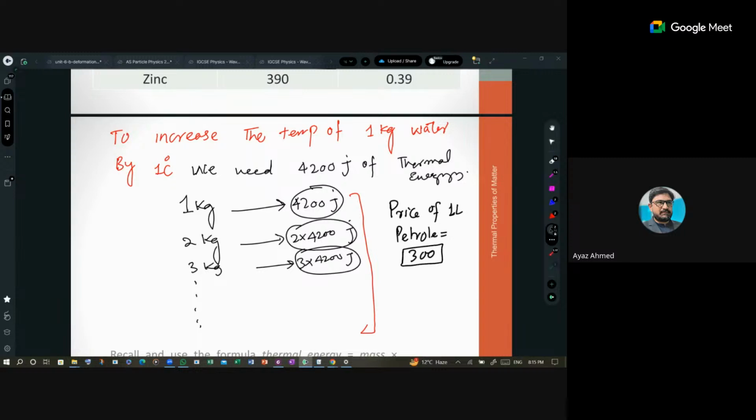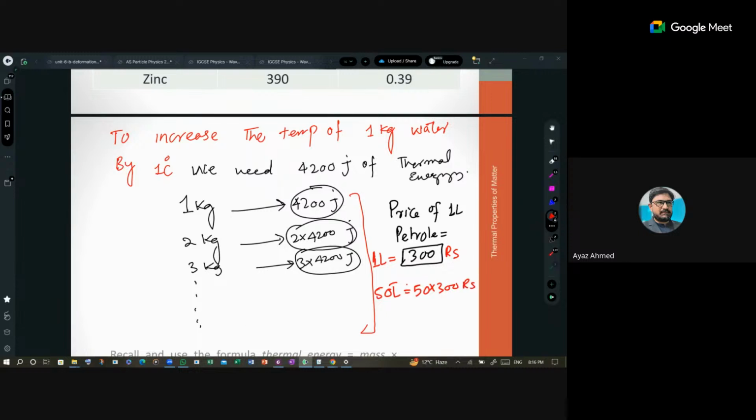So if I am purchasing 50 liters of petrol, for 1 liter of petrol I have to pay Rs 300. But if I need 50 liters of petrol, I have to pay 50 times 300.